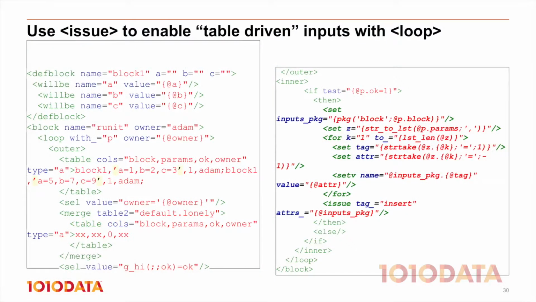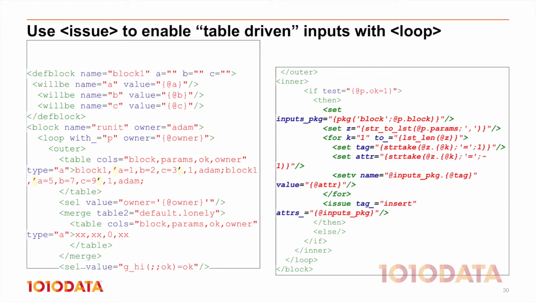And now what you're doing here is building a package on the fly. So the first thing you have, in this case, is you're putting everything into the P block. So you're now creating an inputs package. You're setting the block, which is coming from the table, P block, as the block, and then you're taking the params list, which is this string right here, and you're doing this.